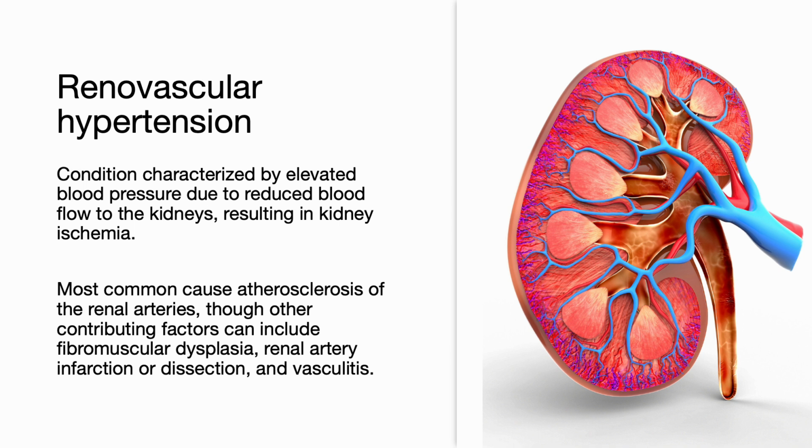Renovascular hypertension is a condition characterized by elevated blood pressure due to reduced blood flow to the kidneys, resulting in kidney ischemia. The most common cause is atherosclerosis of the renal arteries, though other contributing factors can include fibromuscular dysplasia, renal artery infarction or dissection, and vasculitis.